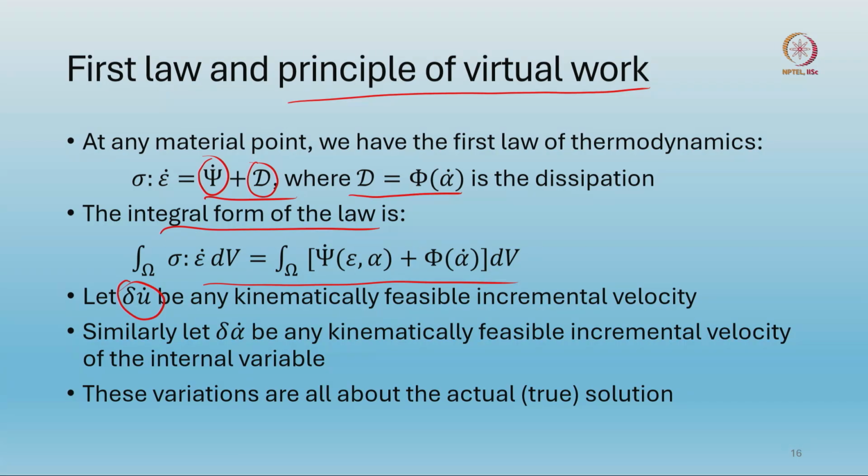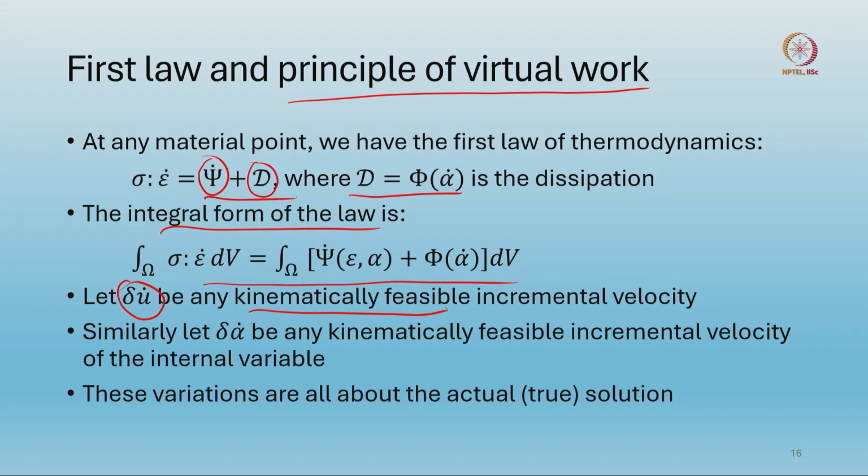Moreover, this variation must be feasible or admissible. That means if you are solving a smooth problem, you can't have delta u dot defined by a non-smooth function. That is not right, because it will not satisfy the corresponding differential equations which govern the original problem, right. Moreover, delta u dot must be consistent with the boundary conditions.